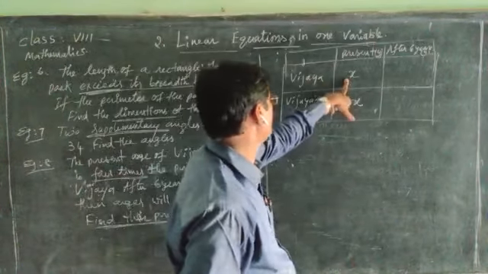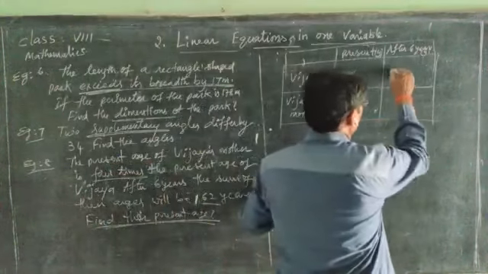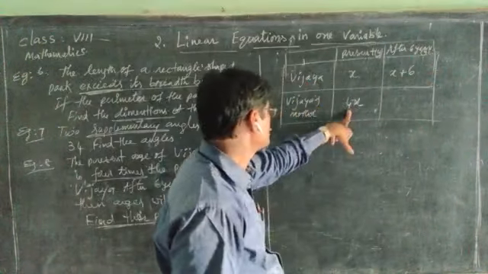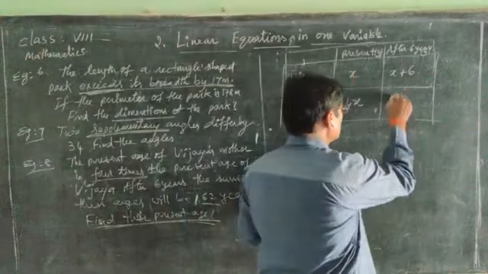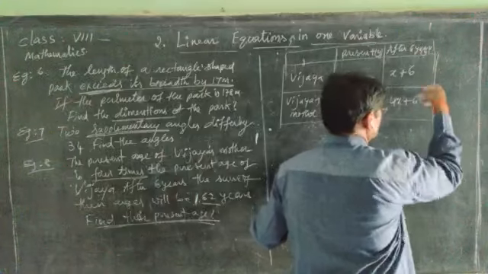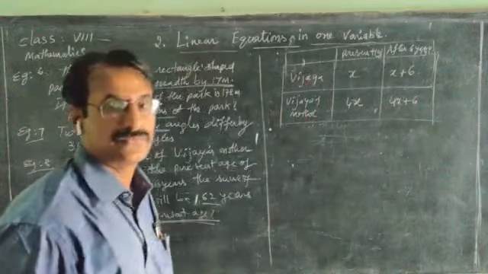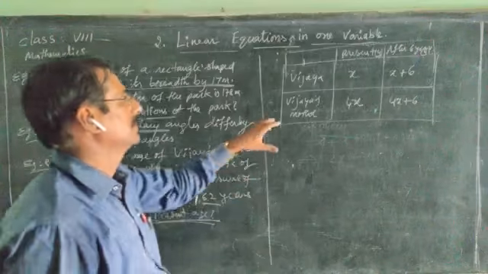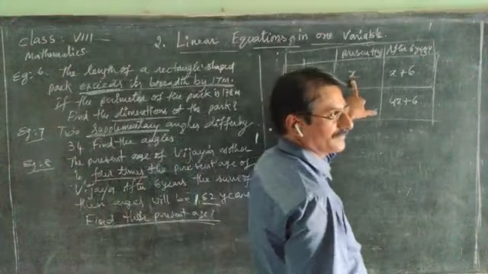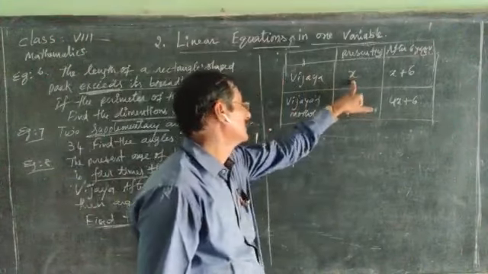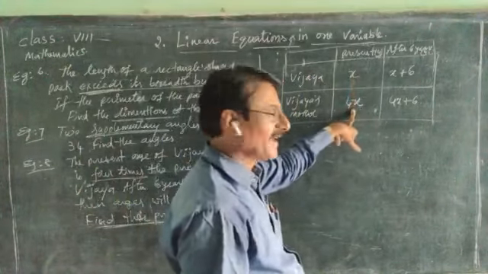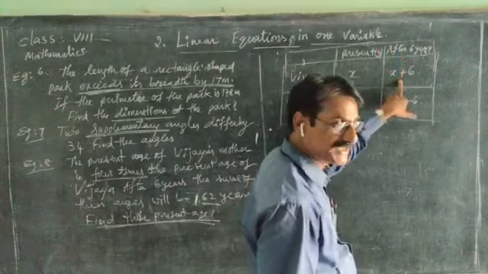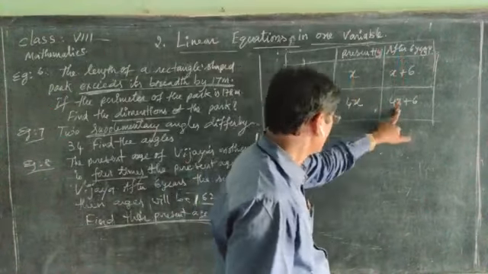The present age of Vijaya is x, after 6 years her age is x plus 6. The present age of Vijaya's mother is 4x, after 6 years it is 4x plus 6. This is the age of them after 6 years.